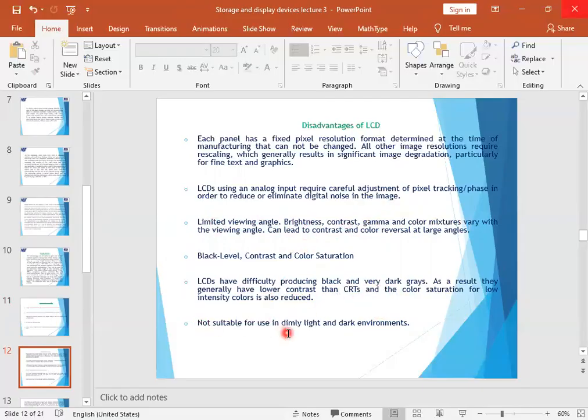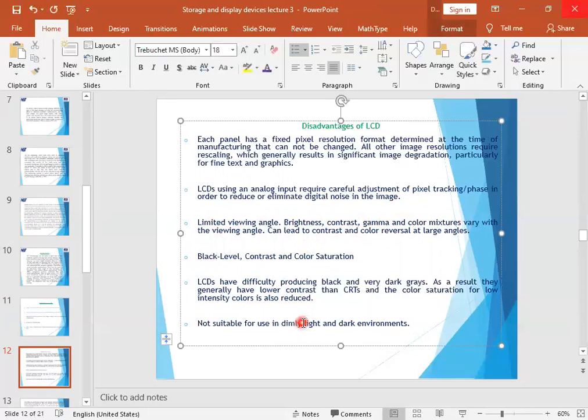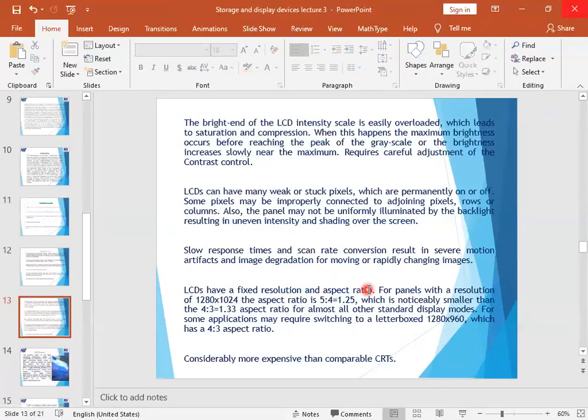They are not suitable for dim light. And for the dark environment, they are not suitable. The bright end of the LCD intensity scale is easily overloaded, which leads to saturation and compression. LCDs can have many weak or stuck pixels, which are permanently on or off.